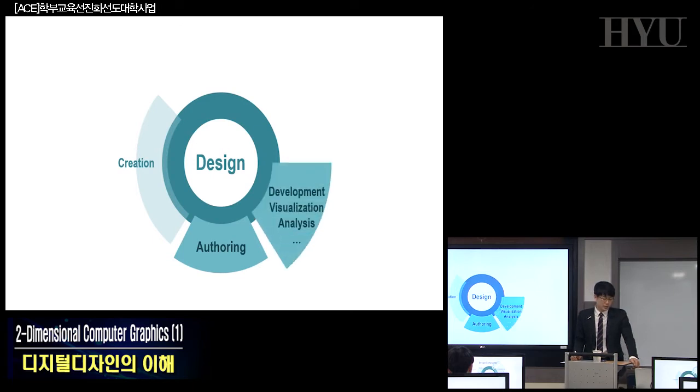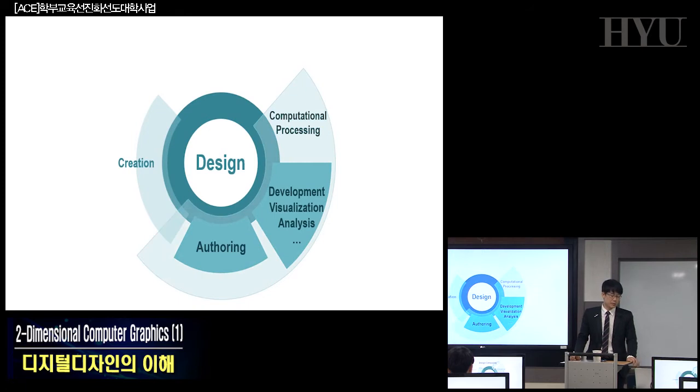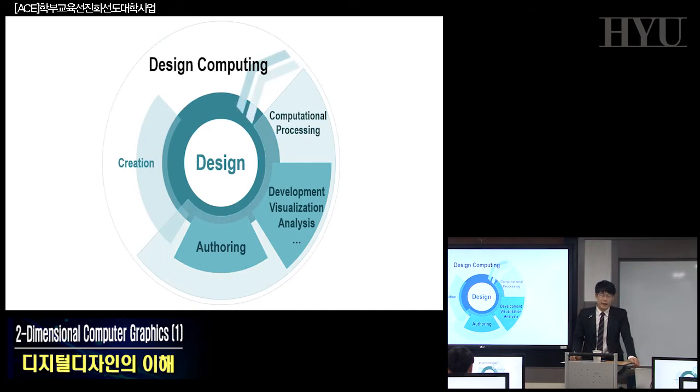In that process, design visualization, development, analysis, they are all important using computational processing. And I declared the entire process in this circular shape diagram means design computing. Human creativity area, our goal is always design, especially interior architecture design. Our means is computing technology.